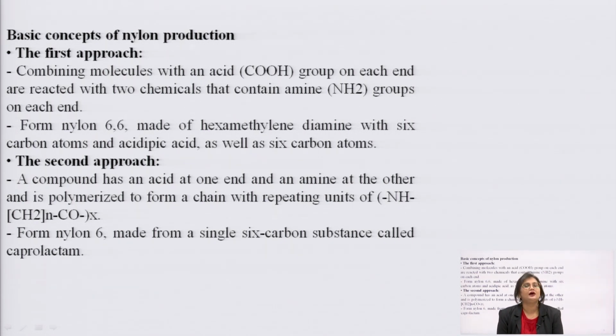Let us learn a few basic concepts of nylon production. The first approach is combining molecules with an acid group on each end and reacting them with two chemicals that contain amine groups on each end. Nylon is made up of hexamethylenediamine with 6 carbon atoms and adipic acid, also containing 6 carbon atoms.